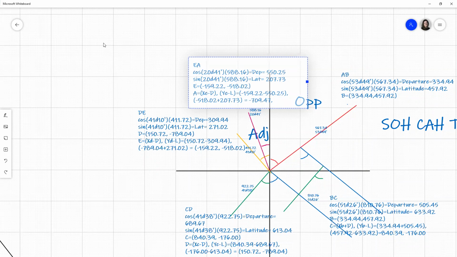It's sine of the angle times hypotenuse that gives us x, and cosine times hypotenuse gives us y, according to this picture of these angles.